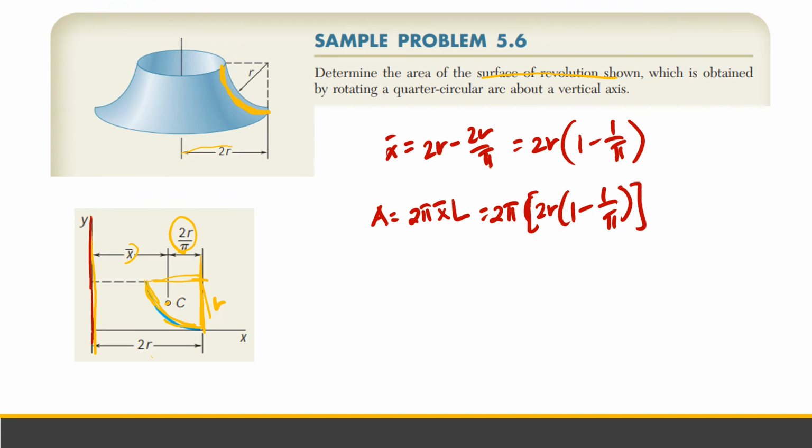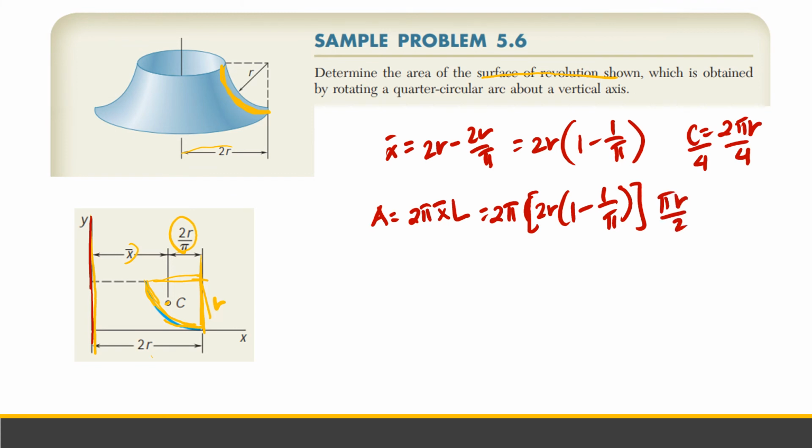What is the length of the quarter circle? For a circle, the circumference is 2 pi r. We divide it by 4 for a quarter circle. So our length will be pi r over 2.